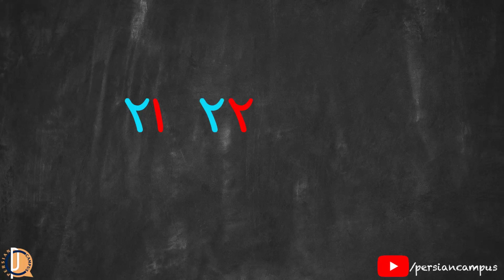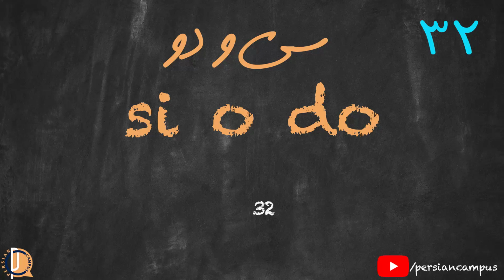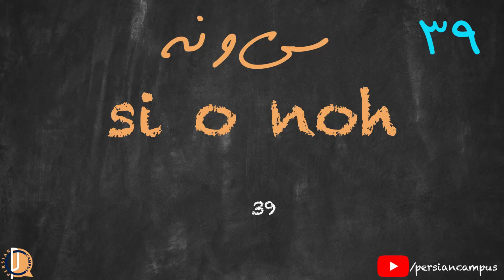21, 22, 23, 29. And then we would have 30. You can make the numbers from 30 to 40 using the same format that we had. 31, 32, 33 to 39.